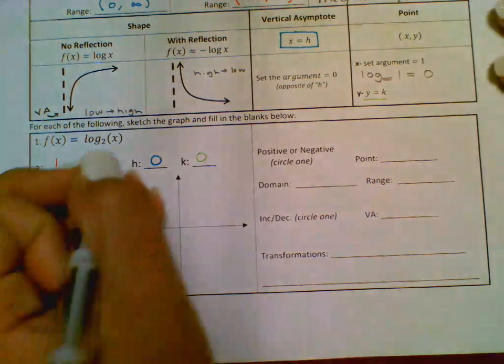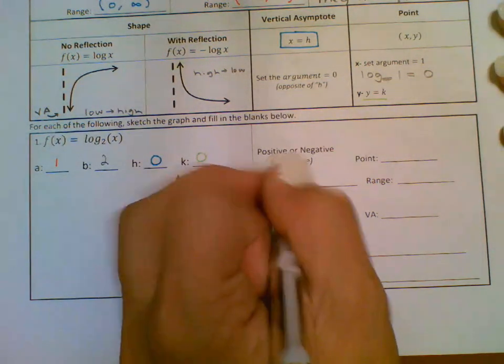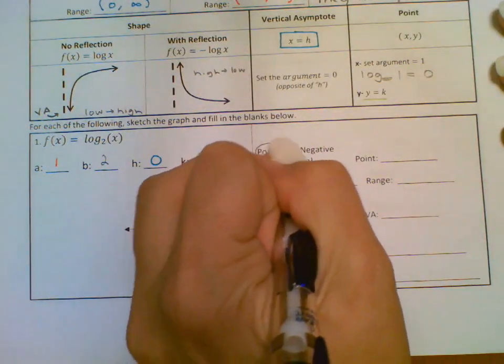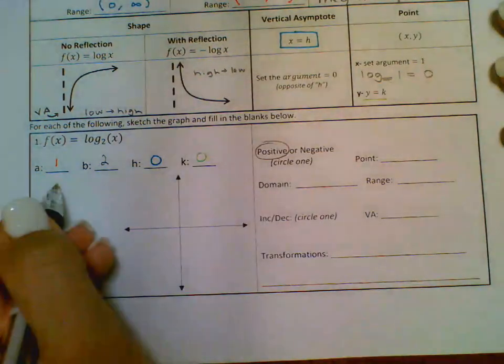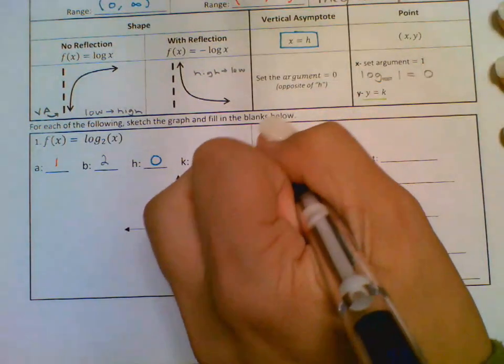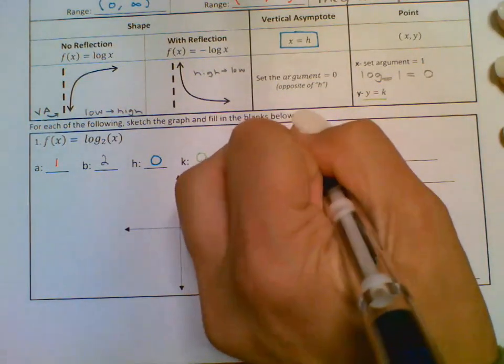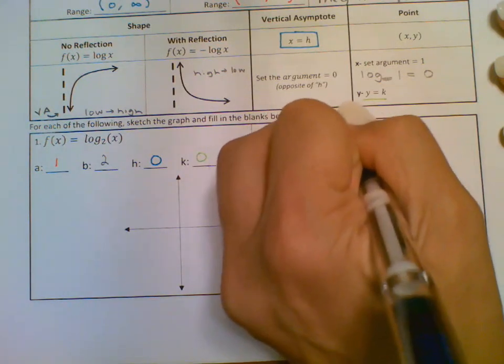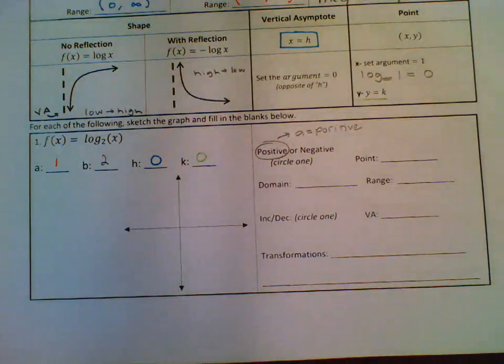So this graph is positive because our a value is positive. This is based on your a value, essentially, because a is positive. And that's going to help us draw the shape.